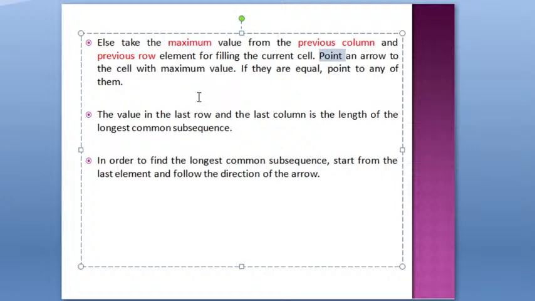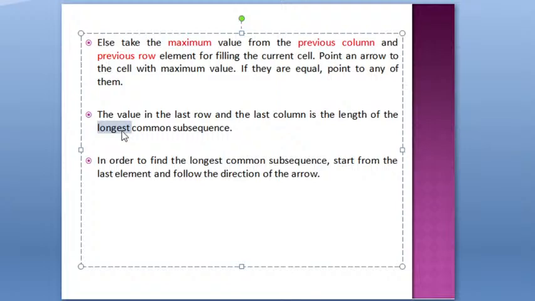After filling up all the values, the value in the last row and last column is the final length of your longest common subsequence. Whatever value you get there, if it is 4, 5 or 6, that is nothing but the length of your longest common subsequence.